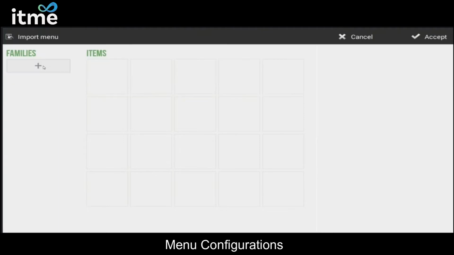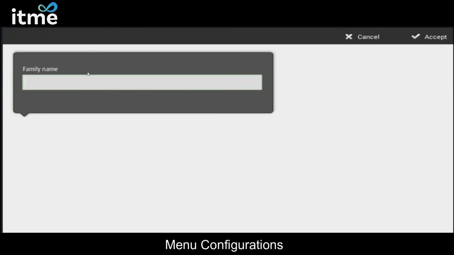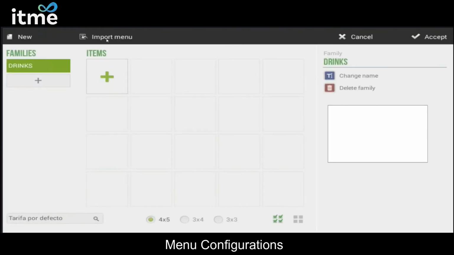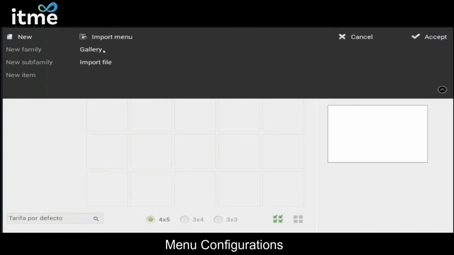Well, first of all, we need to create a family name, which could be, for example, drinks. And now we can import this menu from the gallery.